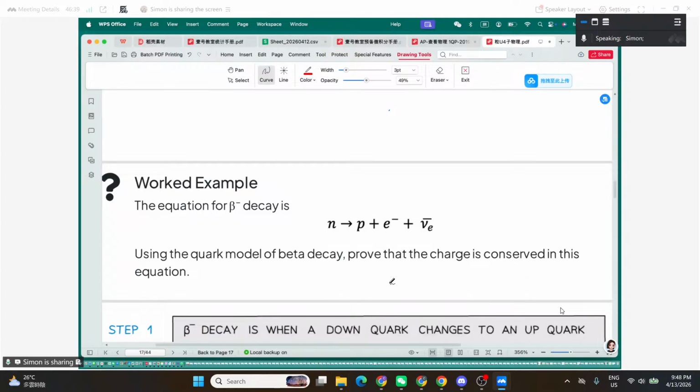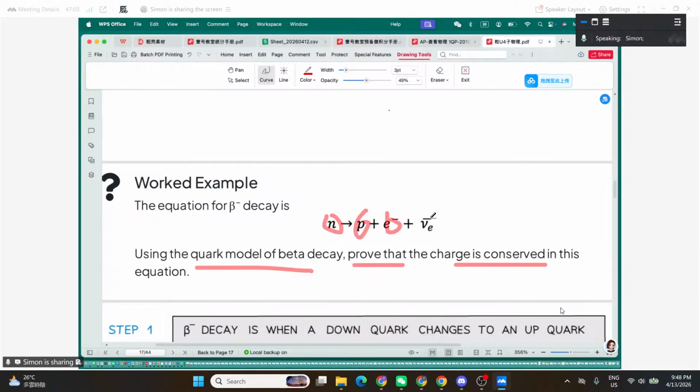How to verify? Using the quark model of beta decay to prove that the charge is conserved in the equation. Plus 2/3, minus 1/3, minus 1/3. So that is the neutron, right?